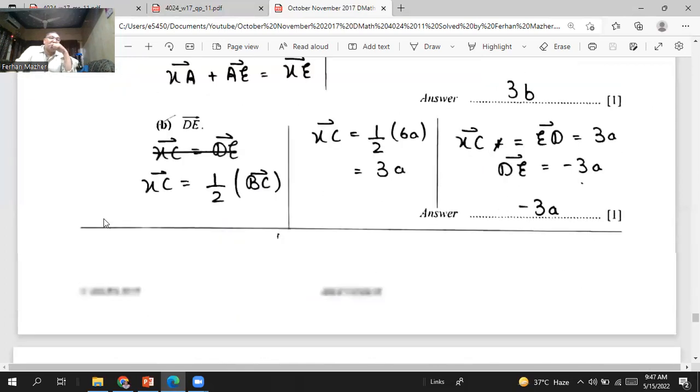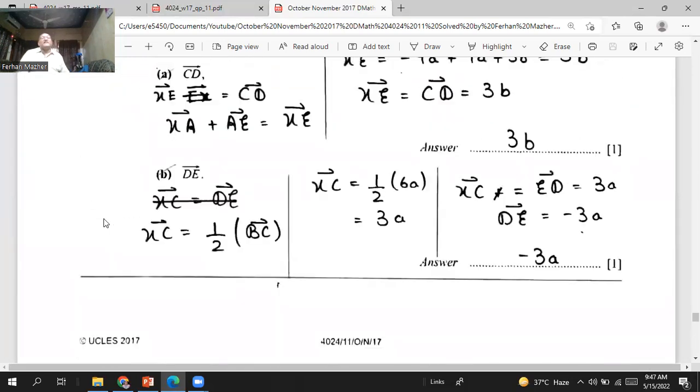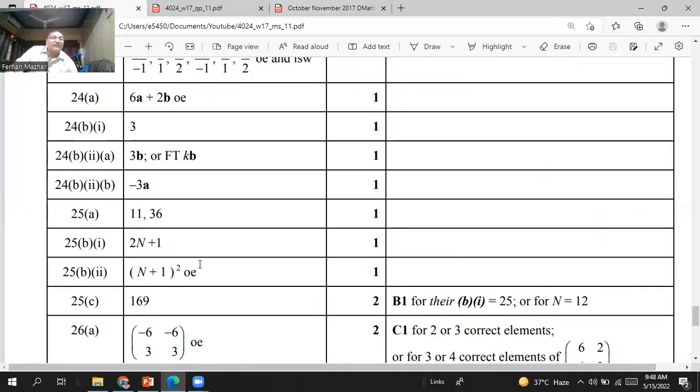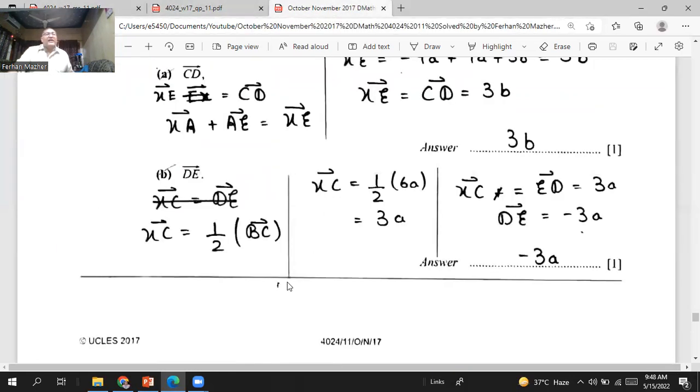That was given already. So it will be 3A. XC is equal to ED, equal to 3A, and so DE will be minus 3A. So let's check the answer. Minus 3A.